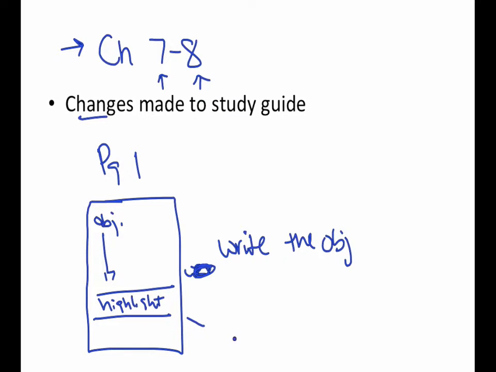If you feel like you write pretty small or you don't like to switch back and forth between your notes and your study guide, this will be great for you. So we're going to try it out and see how it works out. So that's the only change to the study guide: the highlighting now is taking place, and you have room in your study guide to actually go through and draw things and write in your notes that way.